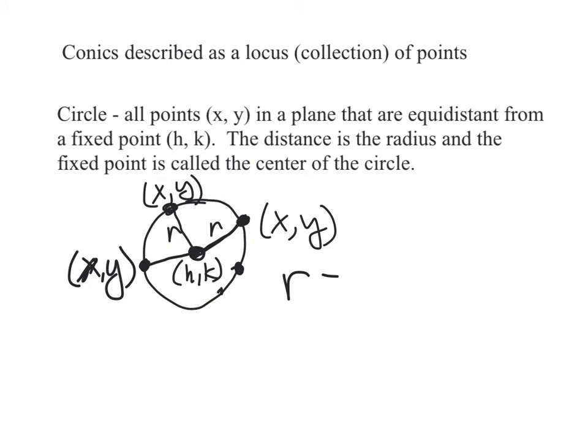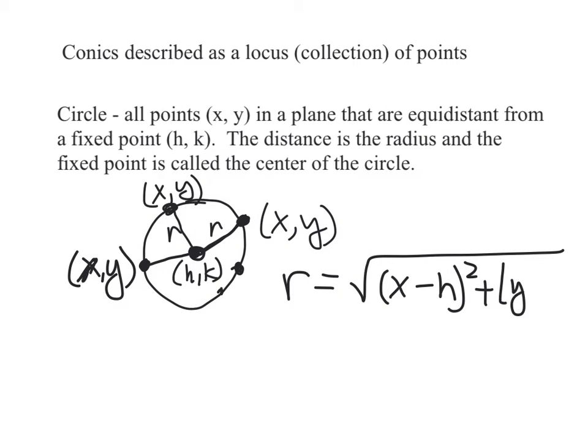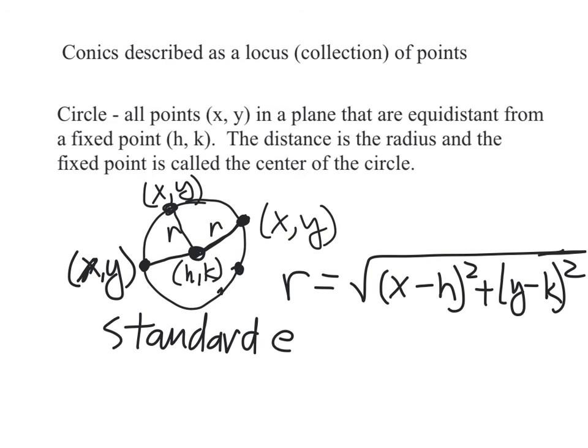Because of the distance formula, we can set up an equation. r is going to equal the square root of x minus h quantity squared plus y minus k quantity squared. And that's an equation representing all of the points that match this description. Now we usually make this equation a little easier, saying the standard equation is the square of both sides.